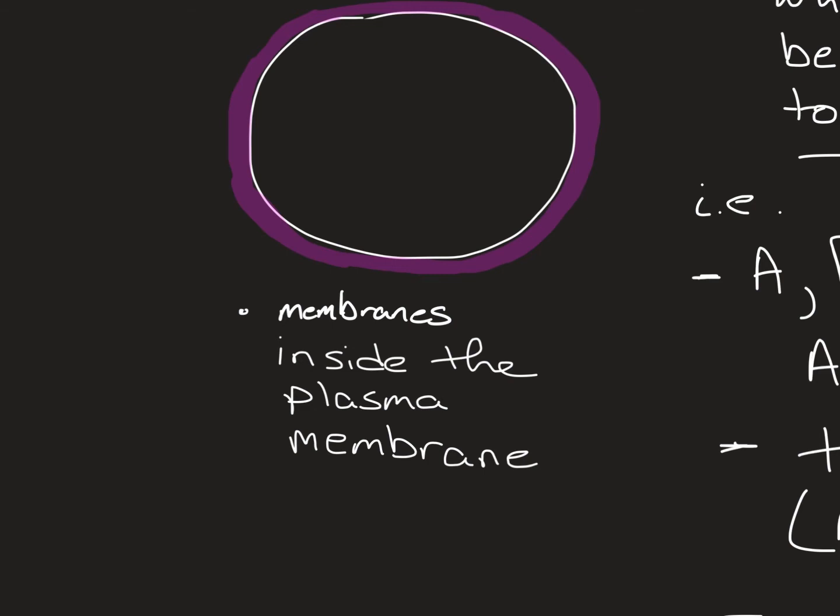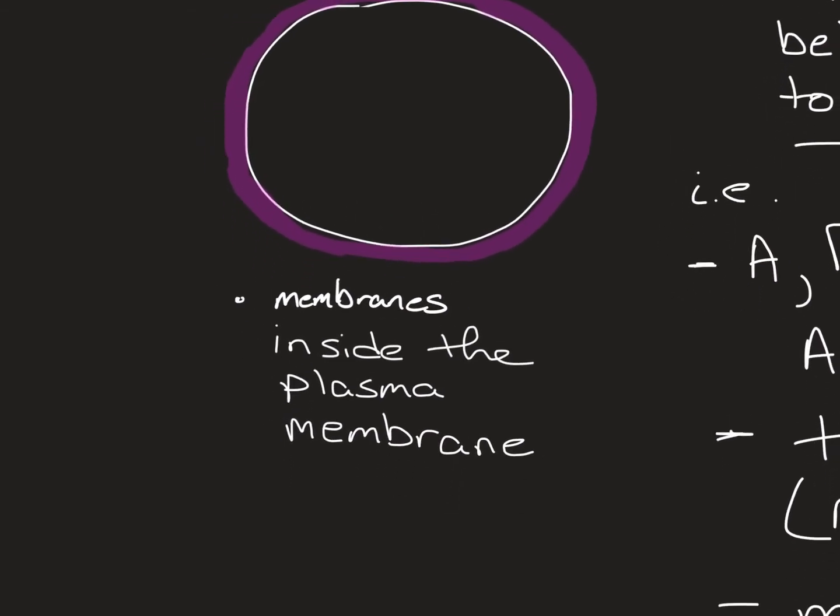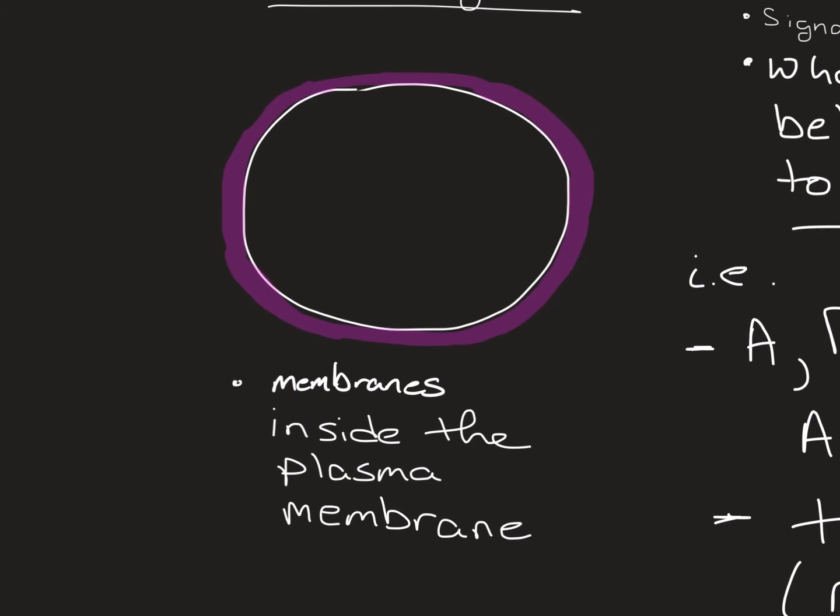All right, so membranes on the inside of the plasma membrane. What's key is that this eukaryote has many rooms. One of the rooms that make it very distinctive is this thing. And what do you think that is? That's right. That's called the nucleus.